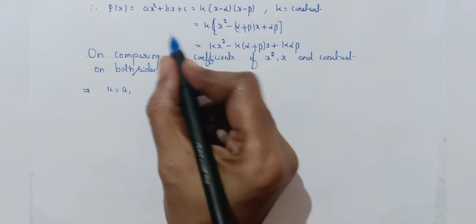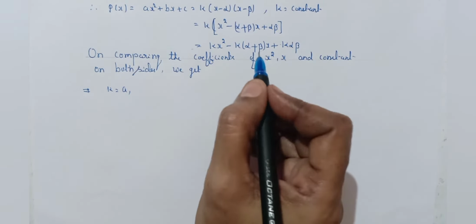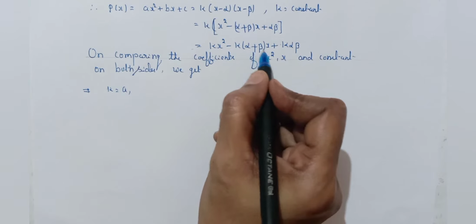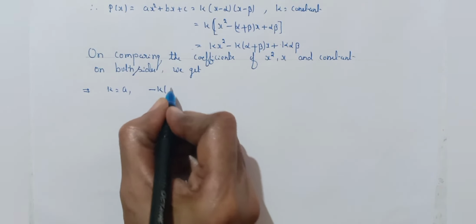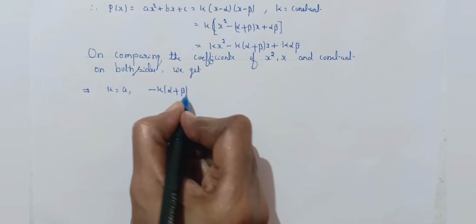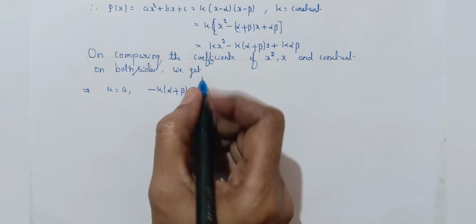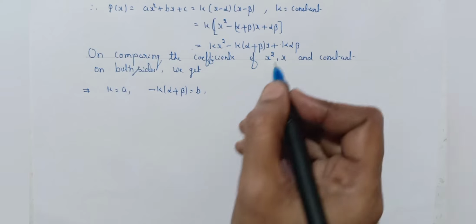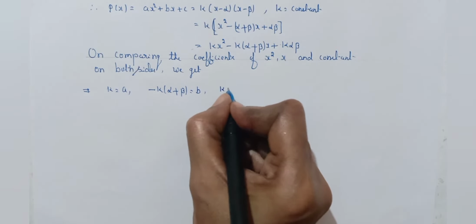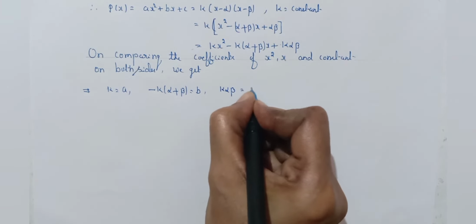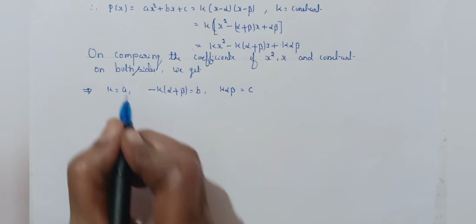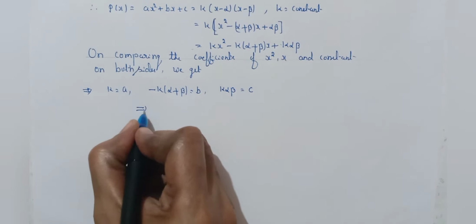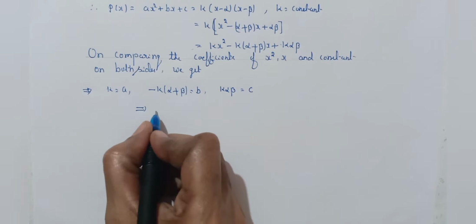So k and a are the coefficients of x square, and the coefficient of x is minus k into alpha plus beta. Here the coefficient of x is b, and then constant is k alpha beta is equal to c. Now here the k is equal to a.